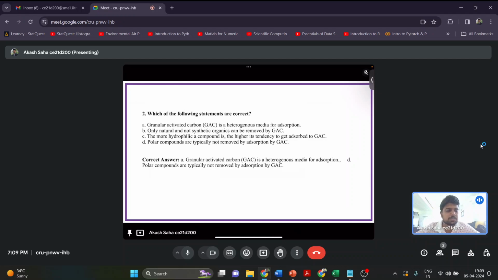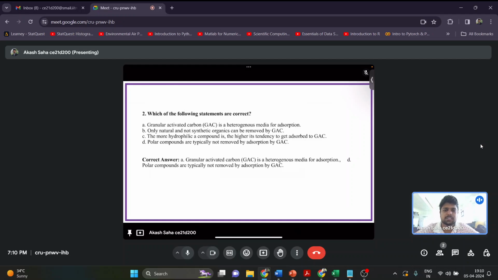As you can see, options C and D are related to each other. Whenever there is a hydrophilic compound, it will like to stay in the liquid phase only, so it will not get absorbed easily. And polar compounds are mostly hydrophilic. Option B is also incorrect. Option A is correct. So for the second question, we have the answer as option A and option D.